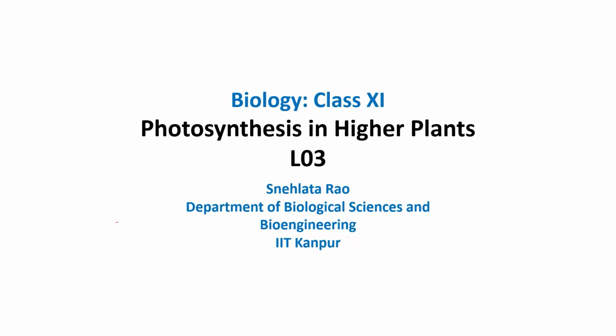Today, we will continue with the next lecture of the chapter Photosynthesis in Higher Plants. Till now, we were studying photosynthesis. We covered the early experiments that were done to prove which components are important for photosynthesis. Then we saw what types of reactions happen in photosynthesis and what pigments are required for it.